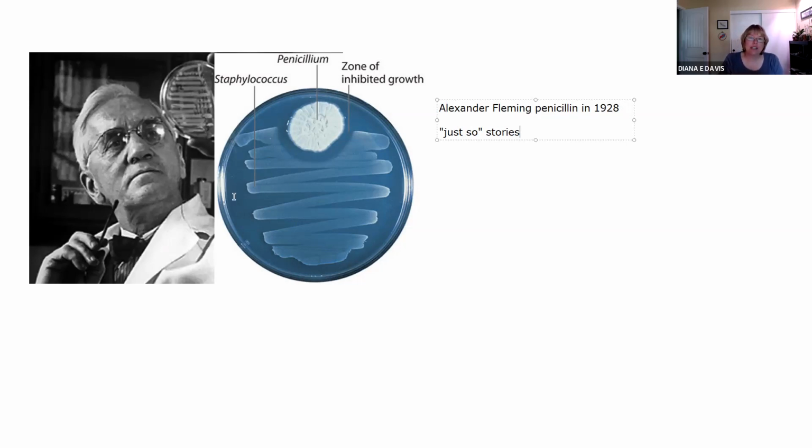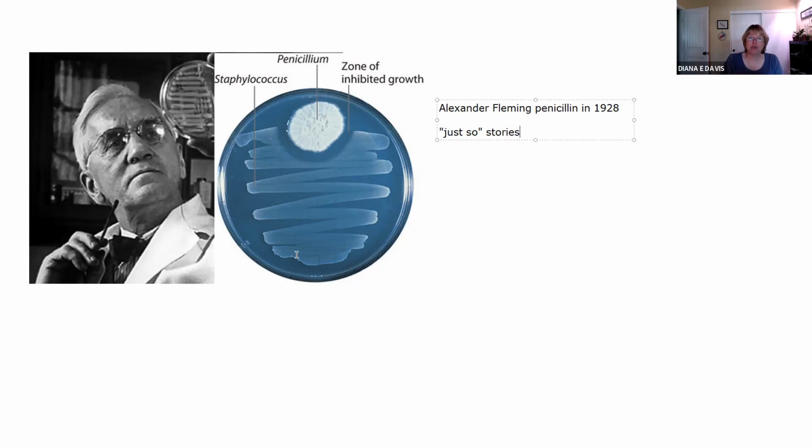This is a petri dish. It's a plastic dish or a glass dish filled with a semi-solid material that has food for bacteria growth. And you streak the bacteria across the plate.